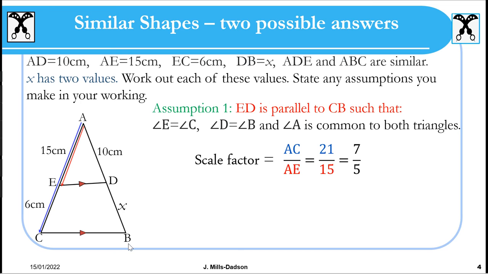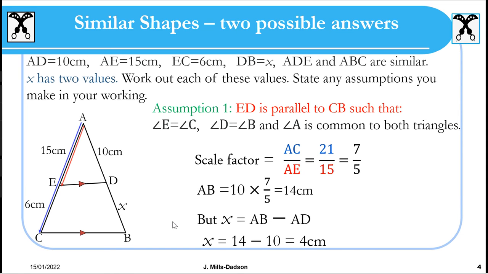To get AB, we take AD, which is 10, times the scale factor. So 10 times 7/5 is 14. Knowing AB as 14, DB or x is 14 minus 10. That gives us 4 cm for our first assumption. This is what we have as x.